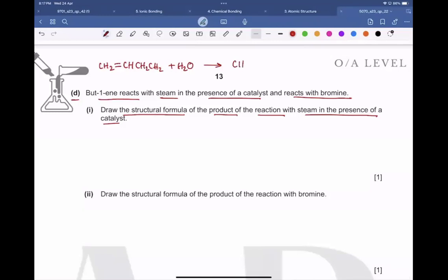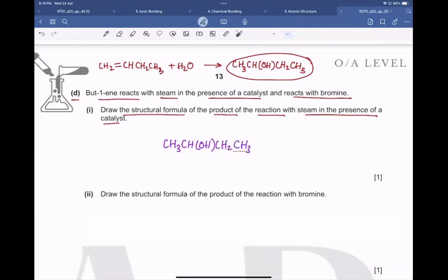The double bond turns into a single bond and of the two carbons, one gets a hydrogen and the other gets an OH. And the rest of the structure remains the same. Okay, it's not CH2, it's CH3. So this is the answer. I'm going to draw it over here. CH3, CH, OH, CH2, CH3. One more thing. It's possible that I put a hydrogen over here and an OH over here, right?